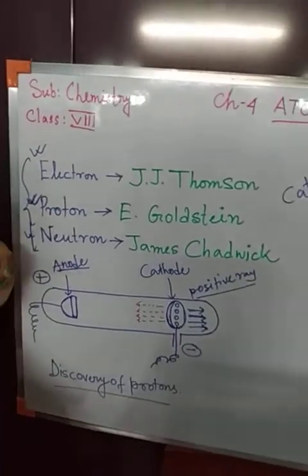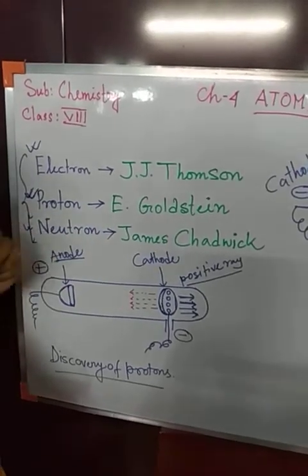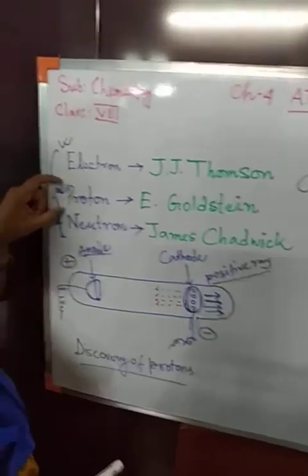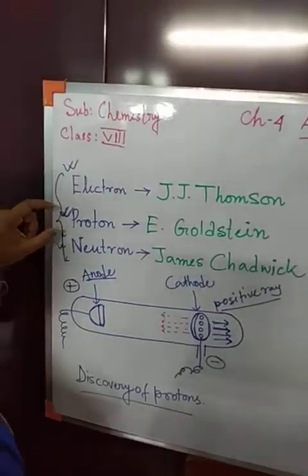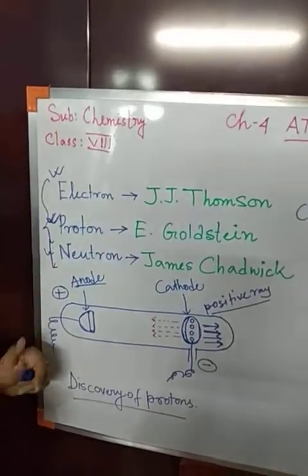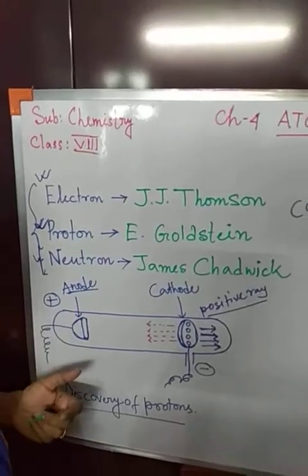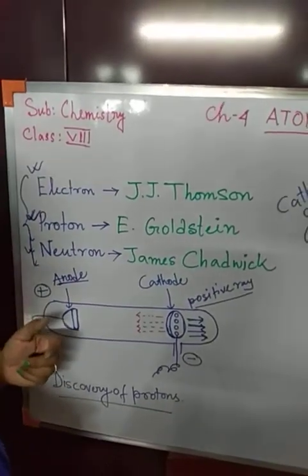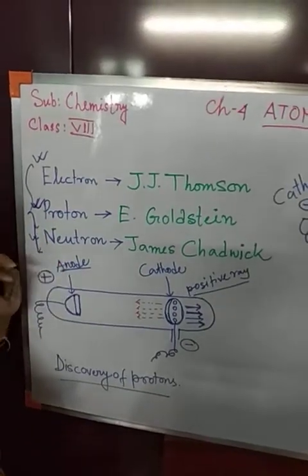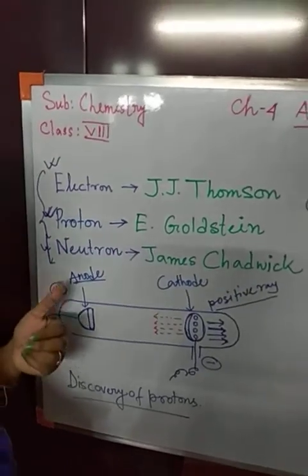As electrons have negligible mass, they do not add to the mass of the atom, but protons have some mass, which is not matching with the mass of the atom. From this they assumed that there must be some other particles which have no charge but have some mass.